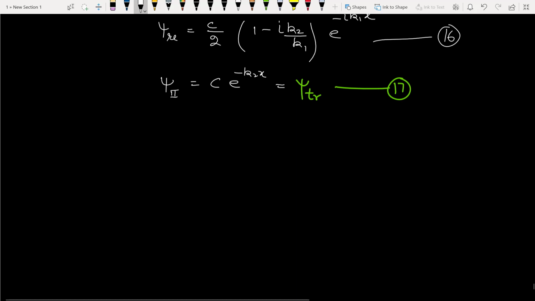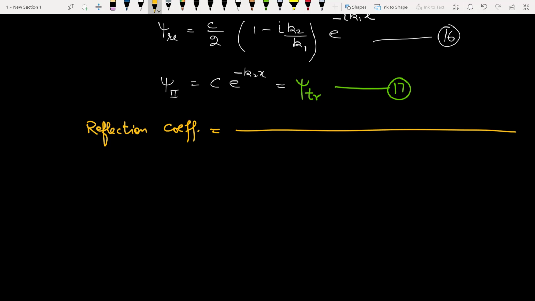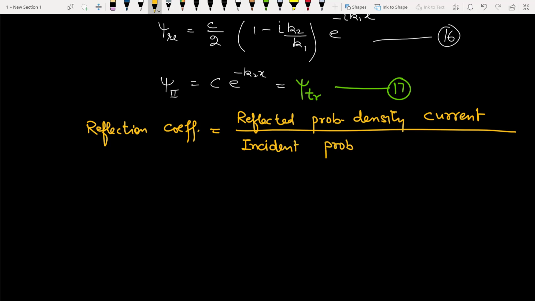So now we define a term, the reflection coefficient. It is equal to the ratio of the reflected probability density current to the incident probability density current.